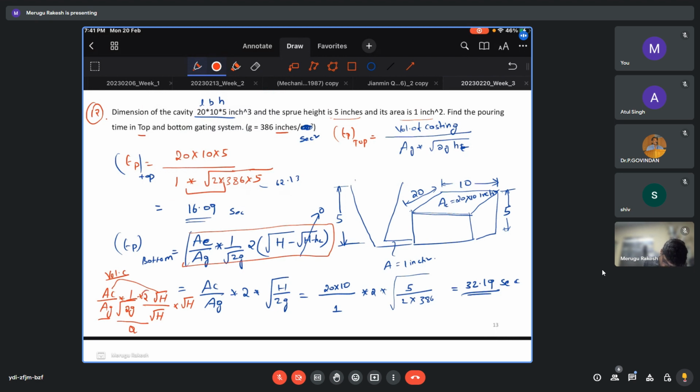We have a factor 2 here. So that is the takeaway. It's nothing but twice whatever we calculate in the top gating system. So we end up with 2 times T top, because we have a factor of 2 here. That is the main takeaway from this question.